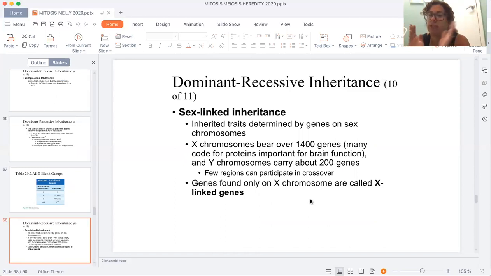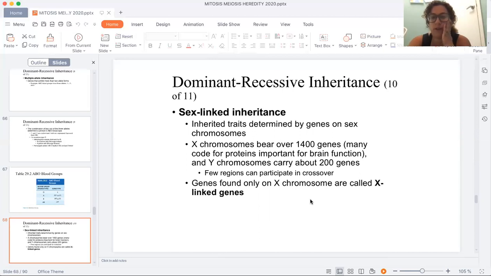And then we have things that are linked to either the X chromosome or Y chromosome. We're going to mainly talk about the X chromosome, because the Y chromosome, sorry, biological males in the class, or biological males in general, only carries about 200 genes, so it's not as important. So X-linked genes are important.